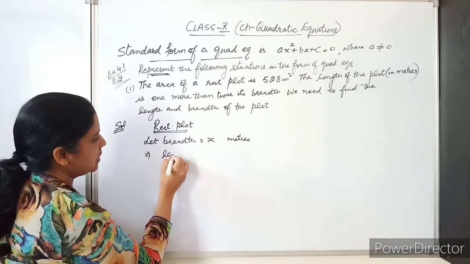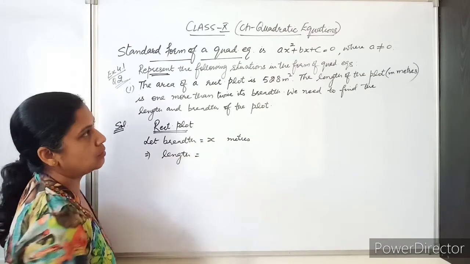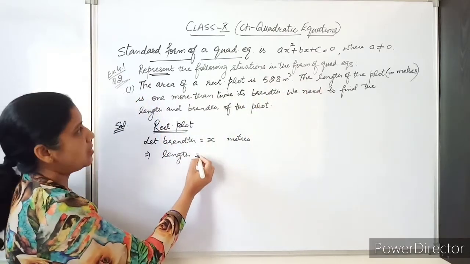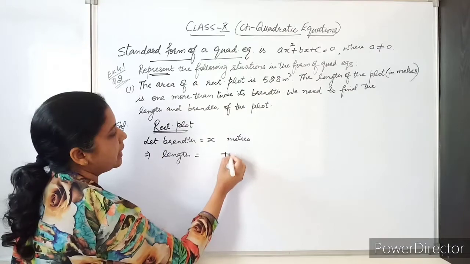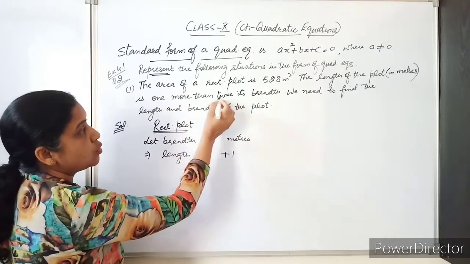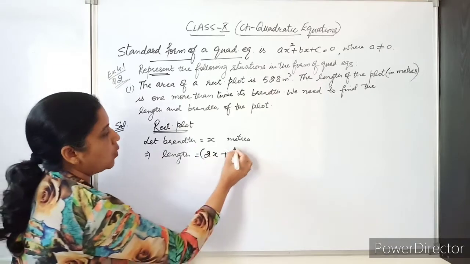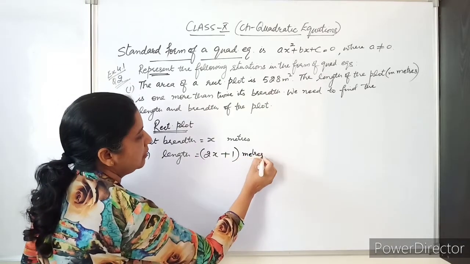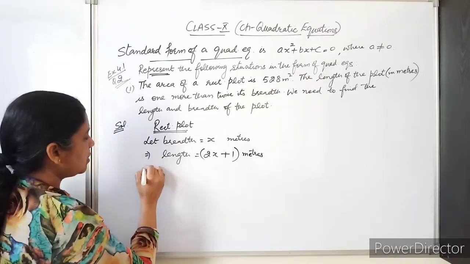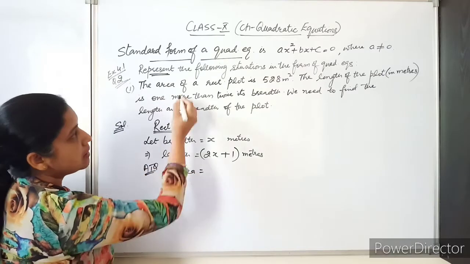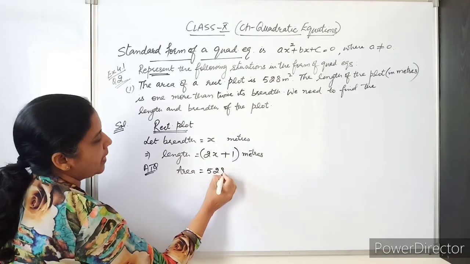This implies length is equal to, I again read it, 1 more than twice its breadth. I have to add 1 to twice, 2 times the breadth. This whole is the length in meters. So according to the question, I have been given the area as 528 square meters.